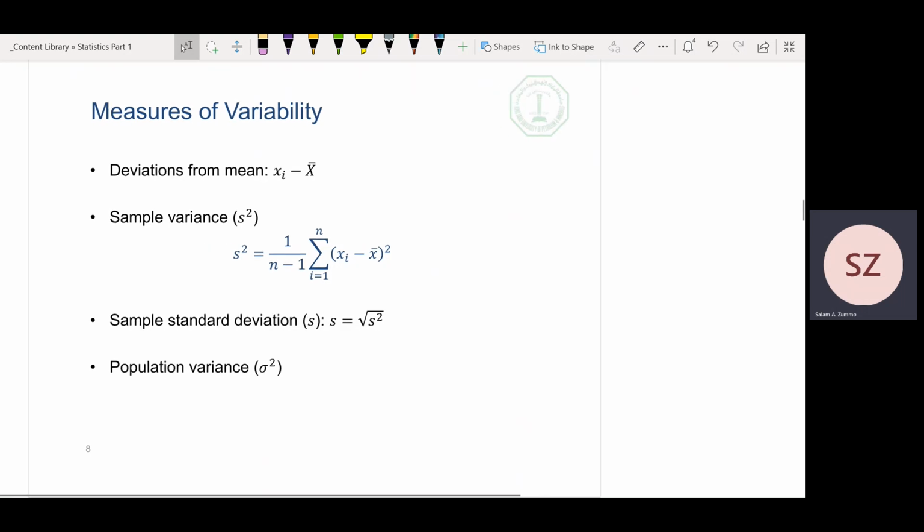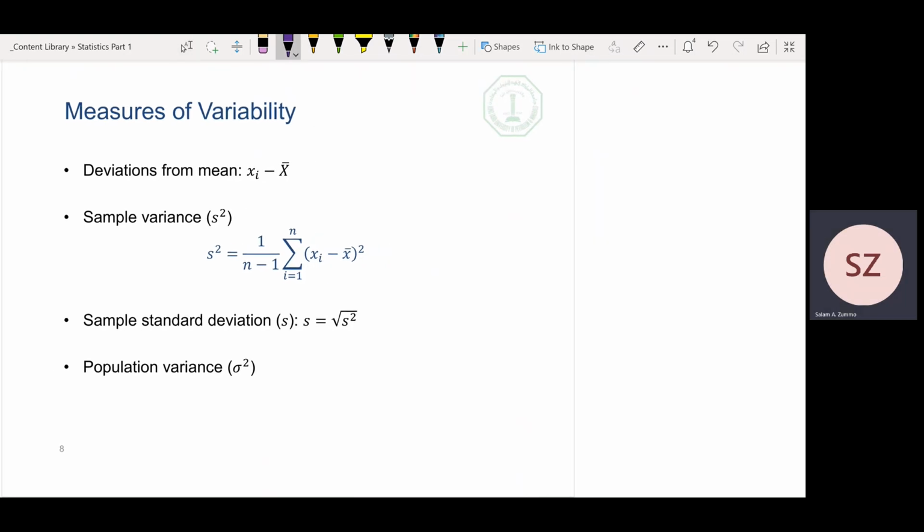So the deviation: if this is the true mean, the population mean, and these are the samples x1, x2, x3, how far these samples are from the mean will affect your estimation. Then we will talk about outliers.